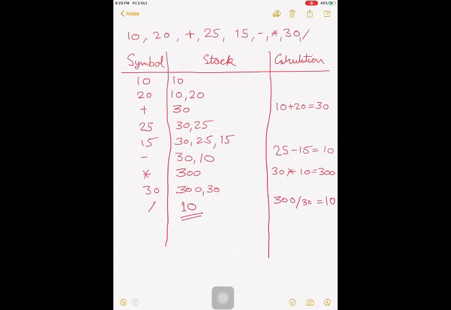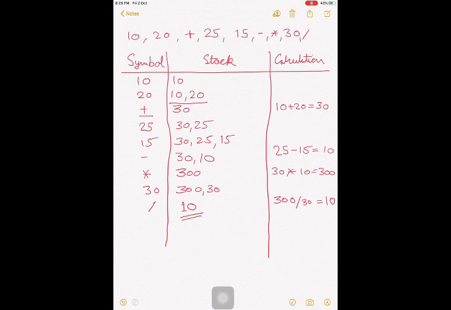Okay, so when popping the operands from the stack, you must note that when you have popped 10 and 20, this operator that you have found, that is plus, will be placed in between 10 plus 20. Okay, please don't write it like 20 plus 10, because it will create problems in operators like multiplication and division.